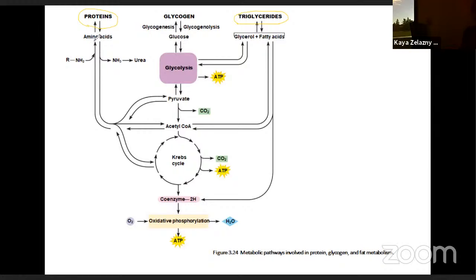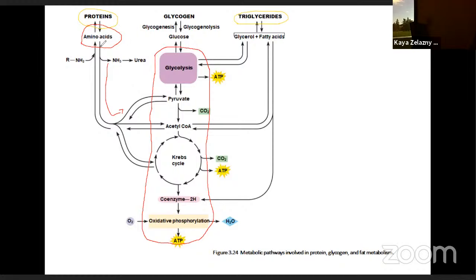Basically, what we're doing when we're using these alternative forms of energy is we're taking them and pouring them somewhere into our glucose metabolism pathway, right? So here we see our pathway that we've just gone over: glycolysis to pyruvate to acetyl-CoA to the Krebs cycle to oxidative phosphorylation. So this is all that we just went over.